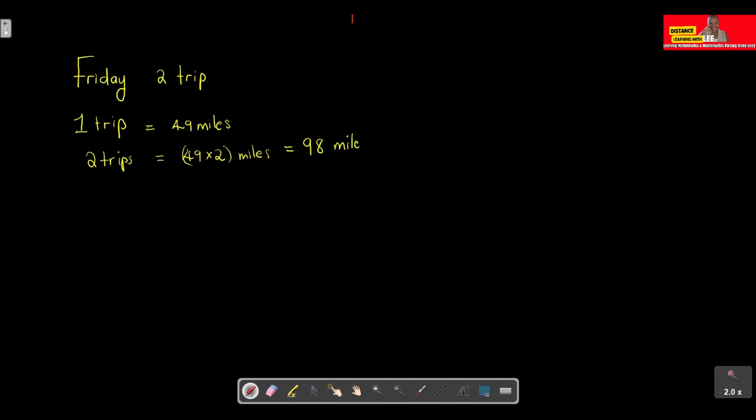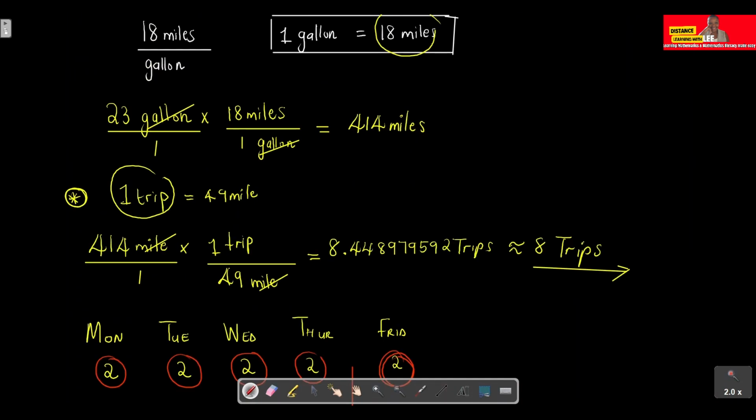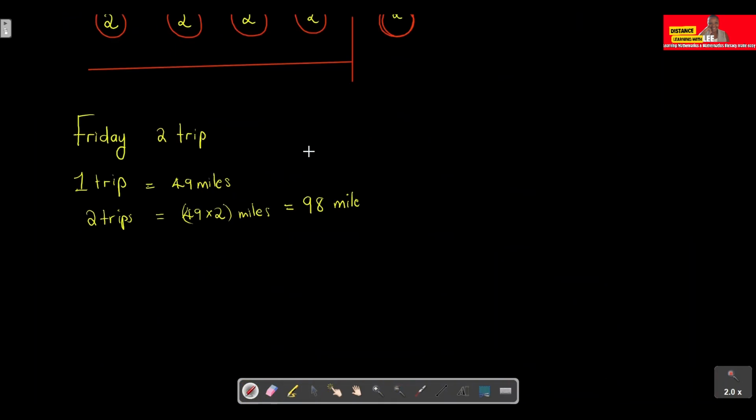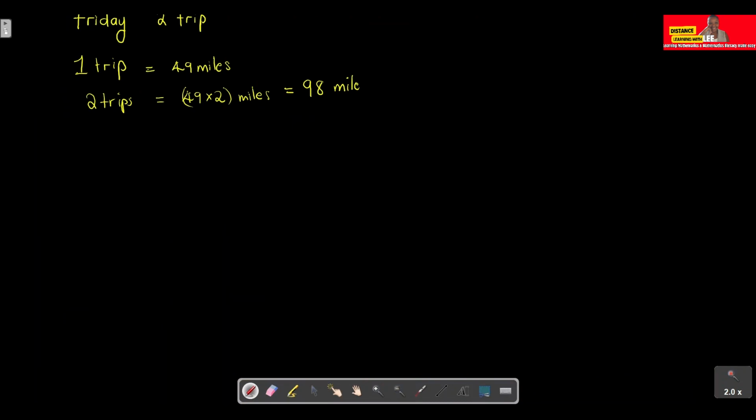Remember, guys, we're given the equation that 18 miles is equal to 1 gallon. We're going to use this equation again: 1 gallon is equal to 18 miles.